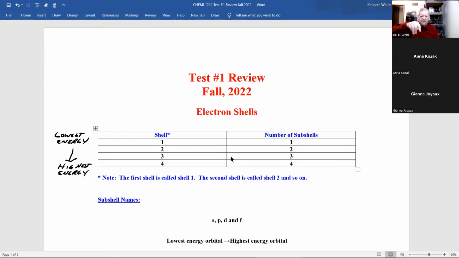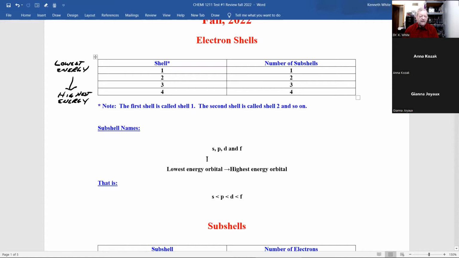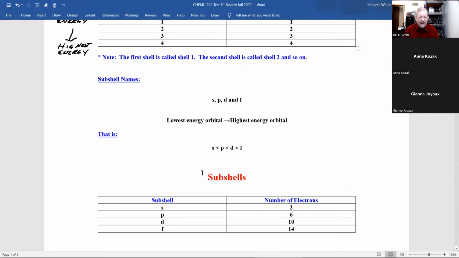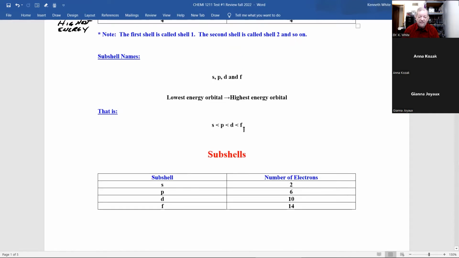As you go down the table, the energy of the shells and the electrons in the shell increases, and shell 4 is the highest. Of the subshells S, P, D, and F, S is the lowest and F is the highest. Each subshell has a maximum number of electrons you can put in it: S, 2; P, 6; D, 10; F, 14.